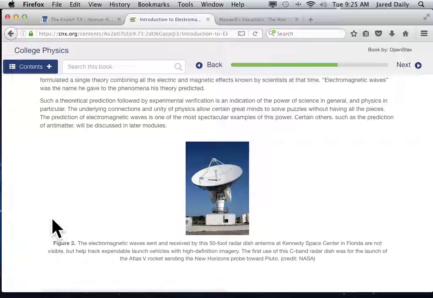At Kennedy Space Center in Florida, they have this great big radar dish, as you're used to seeing and calling them. These are all over the place. We have some over by the Walmart distribution center. We have some out by the lake. These things are all over the place. And these are detectors that detect much larger waves than our eyes can detect.